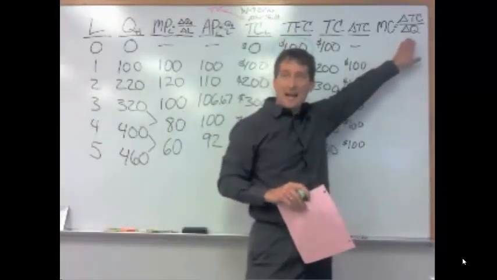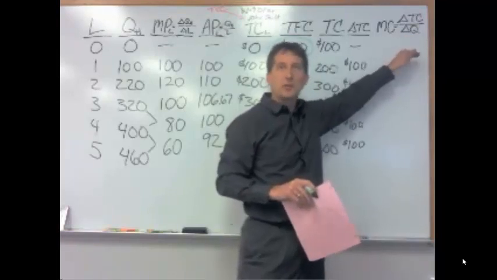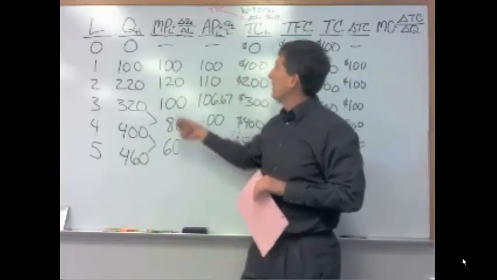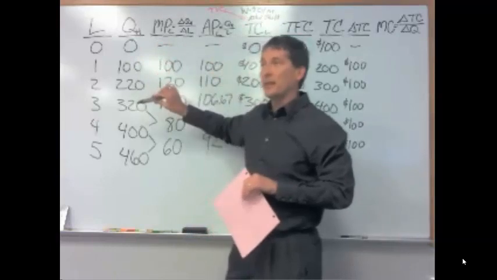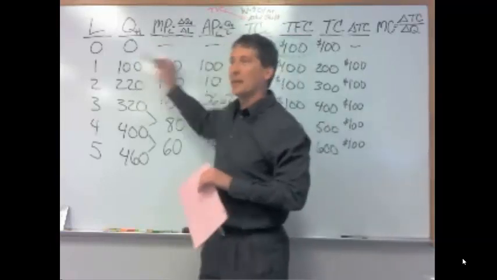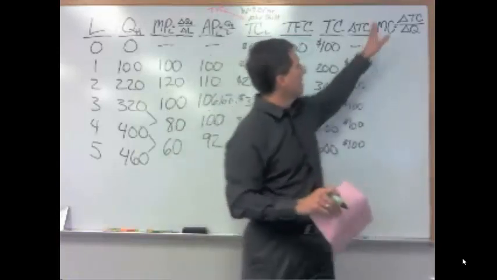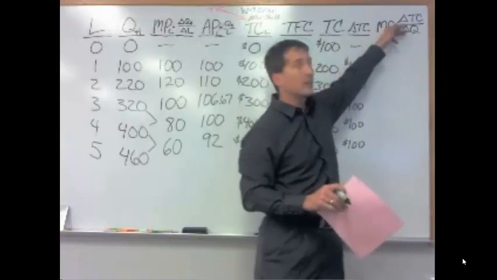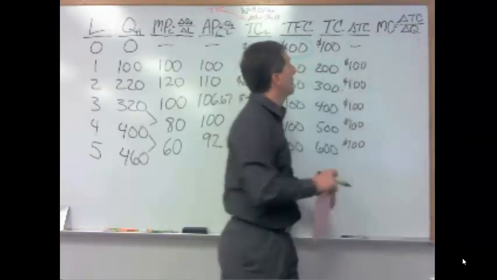Sometimes we don't have sufficient data to go from 1 hamburger to 2 to 3 to 4, which is exactly what's going on with this problem. I jumped from 0 to 100 to 220 to 320. There's a whole bunch of hamburgers in between that we don't have data on. So this is how we handle that: look at the change in total cost over that range from the change in quantity.